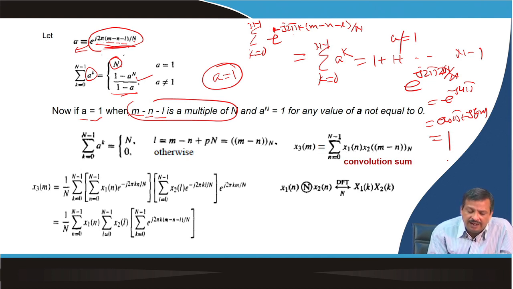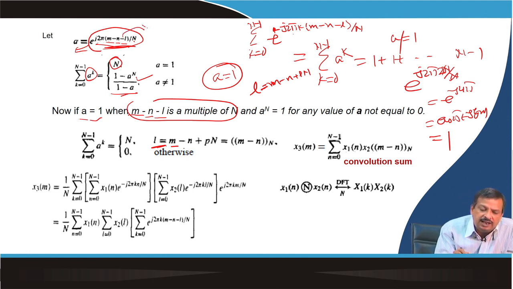So, let us say I am writing down m minus n plus l is equal to m minus n plus Pn. Now, if I put the value of l here, m minus n plus minus m plus n, then this will be minus l, so minus Pn.